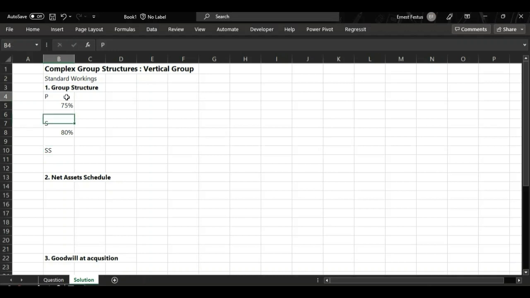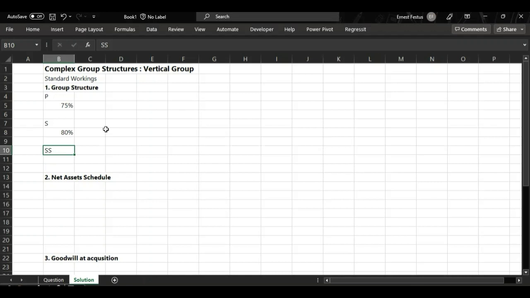However, because P controls S, P has an indirect control over SS. Since P controls 75% of S, it implies that P controls 75% of S's control over SS. This is what I mean.